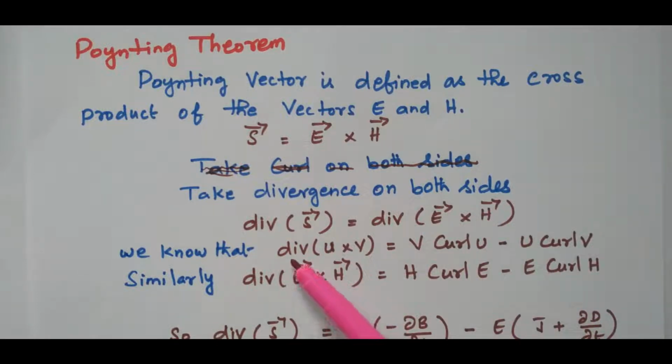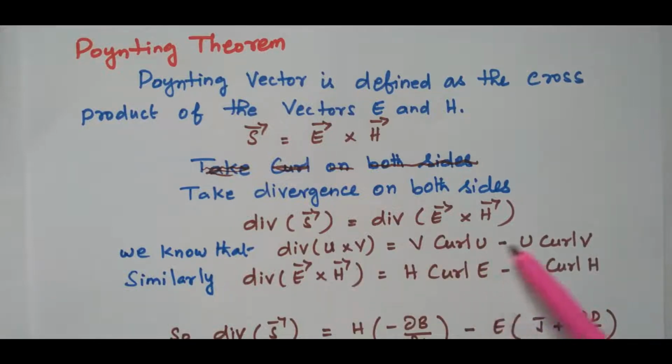In general, the divergence of U cross V can be written as two terms. Divergence of U cross V equals V dot curl of U minus U dot curl of V. First we write V, then curl of U, then U, then curl of V. So this is a general formula.